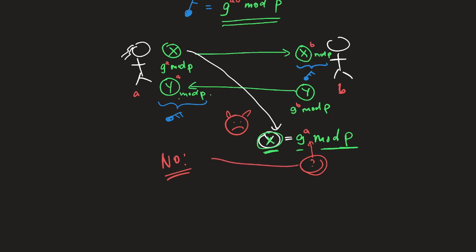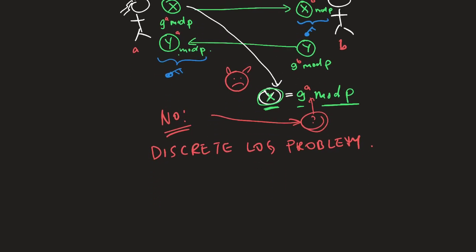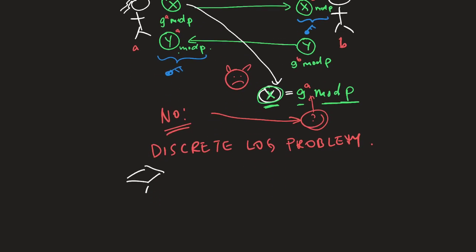He can't figure out A because this is called the discrete log problem and is considered mathematically intractable. And if you recall that special box that we had where there was this yellow one-way trapdoor where things can only go one way but cannot go the other way, this is basically it.